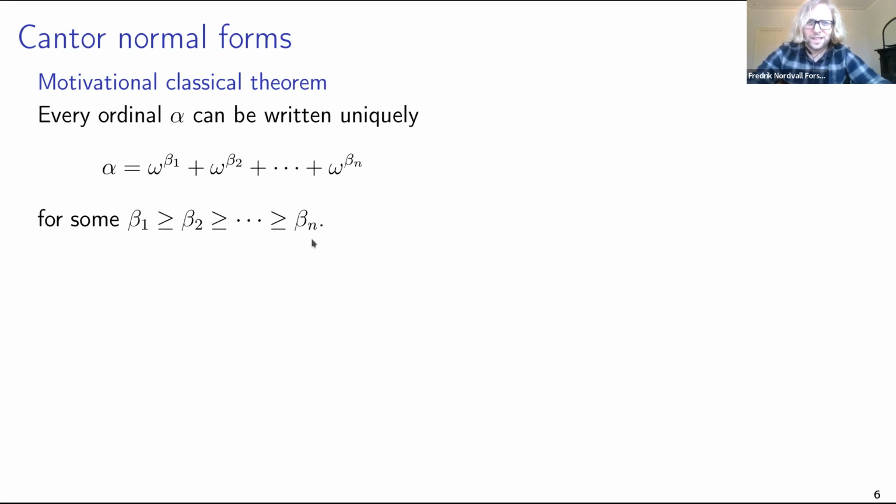Right? And if alpha is small enough, so if alpha is smaller than epsilon 0, then all of these betas are also smaller, which gives you a way to represent an infinite ordinal in a finite way, right? Because you take a large ordinal and you write it in this form, and then you recursively do the same thing for all of the exponents.